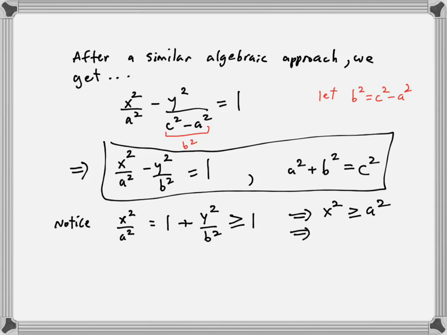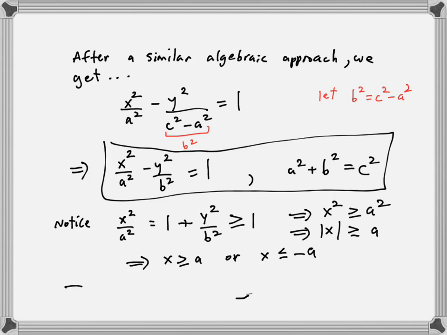If you take the square root of both sides, you get the absolute value of x is greater than or equal to a, which, as we know from algebra, leads us to x being bigger than or equal to a, or x being less than or equal to negative a. What this means is that x must be larger than a or smaller than negative a. It can't be anything in between.